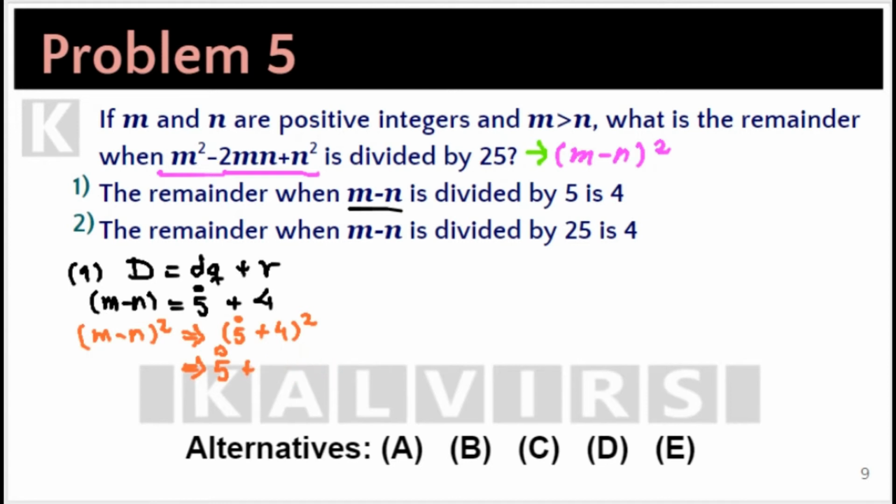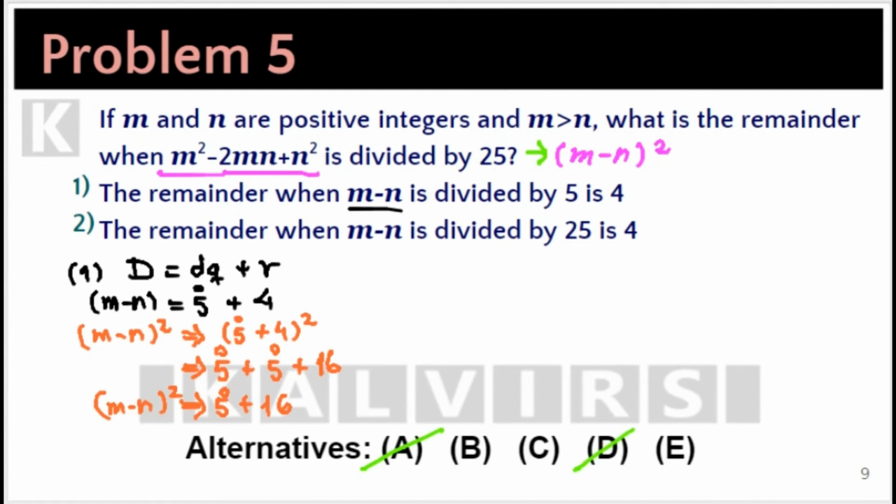So, plus 16. Now, finally we get that m minus n squared is a multiple of 5 plus 16. It means that when m minus n squared is divided by 5, the remainder is always 16. But we don't know anything about 25. Therefore, statement 1 alone is not sufficient. Alternatives A and D are discarded.